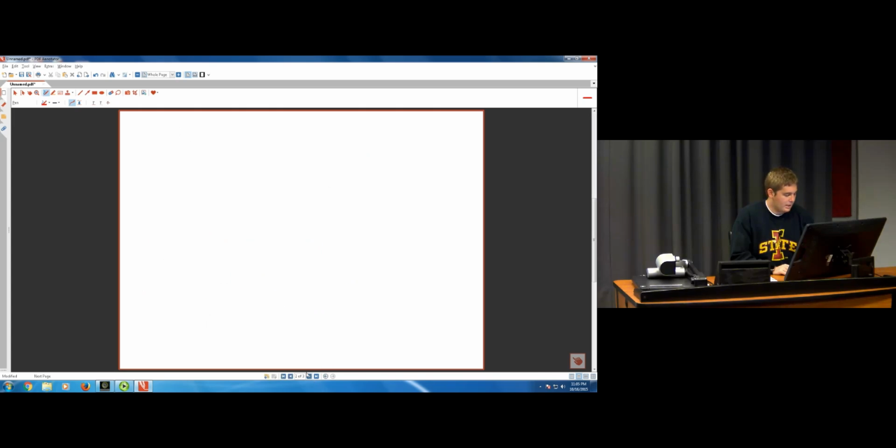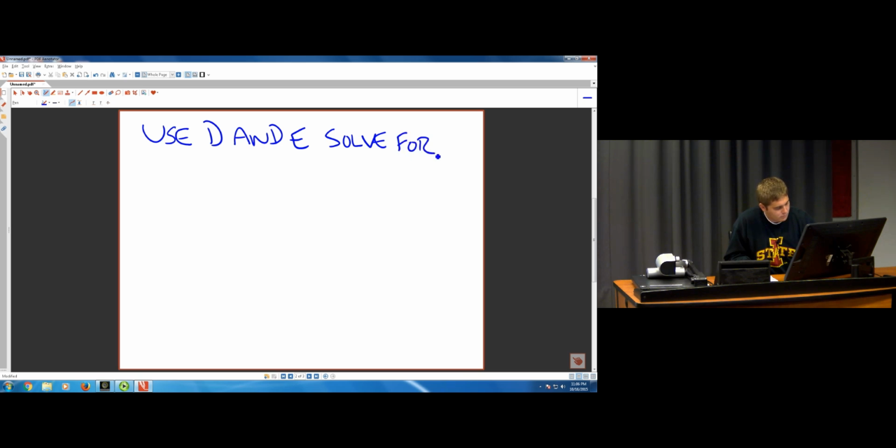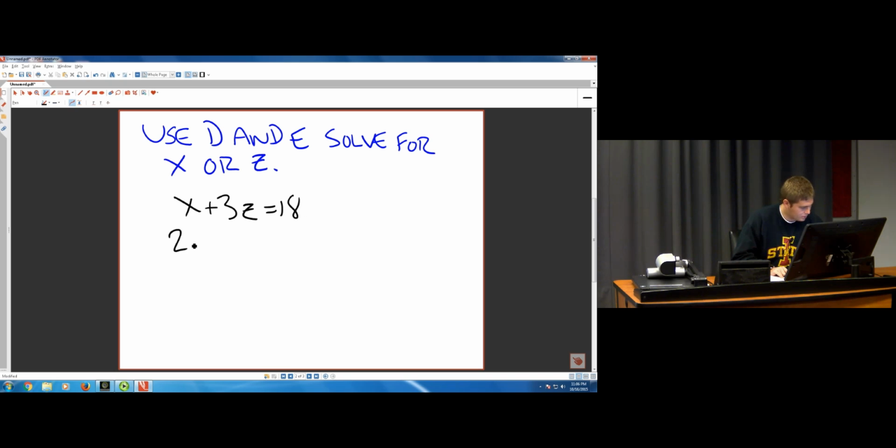Next, we want to use D and E and we want to solve for either X or Z. Now, we have x plus 3z is equal to 18, and we have 2x plus 3z is equal to 21.